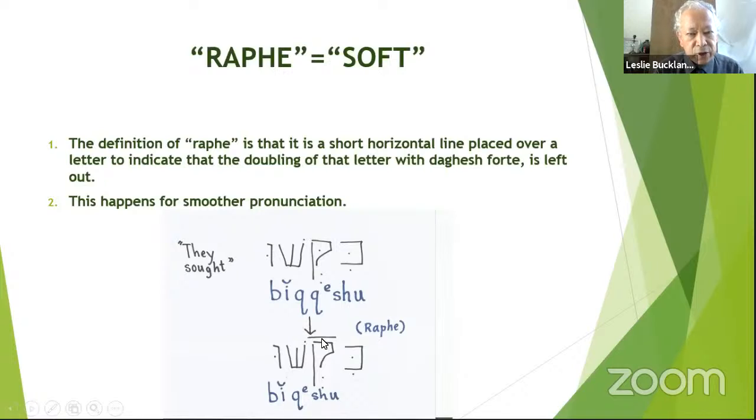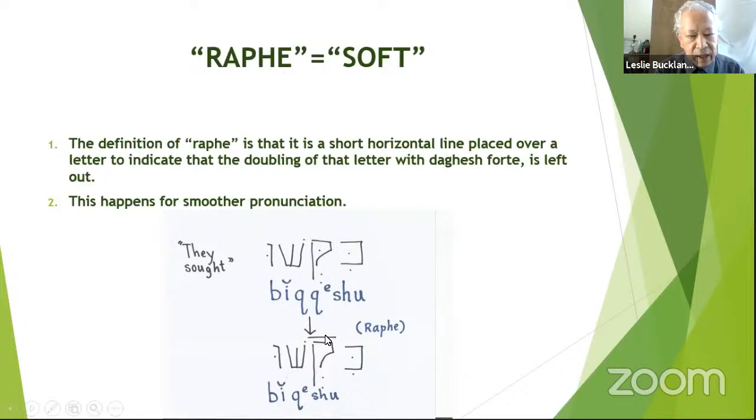placed over a letter to indicate that the doubling of that letter with dagesh forte, see dagesh forte in this consonant, is left out. Notice dagesh forte is not there now.